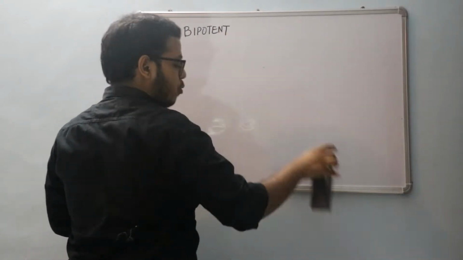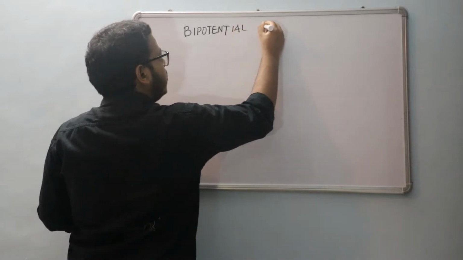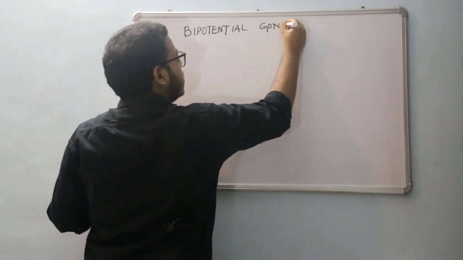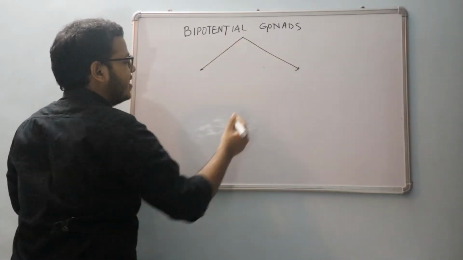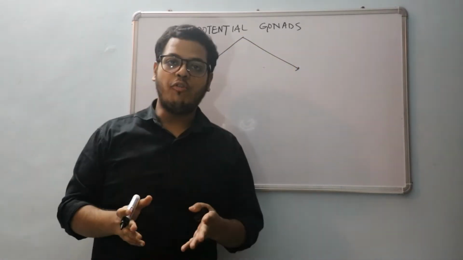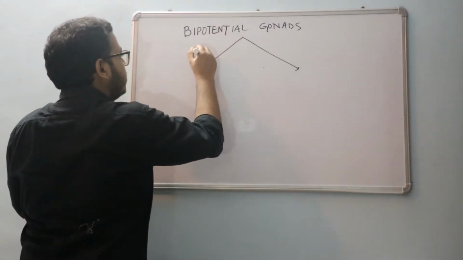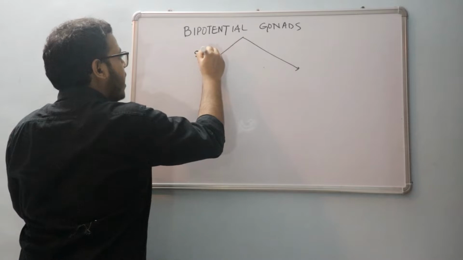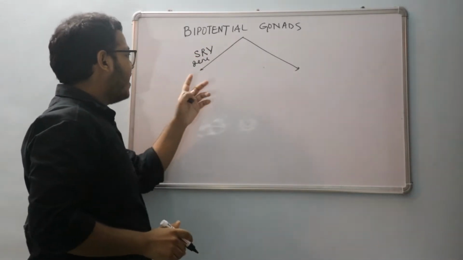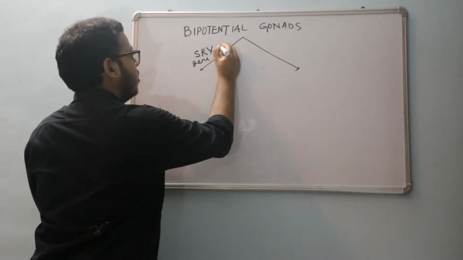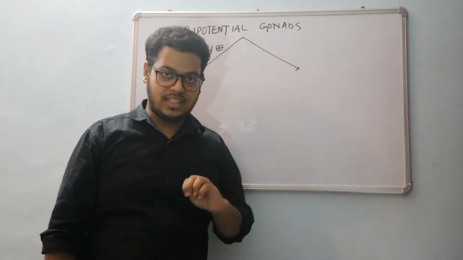We have the bipotential gonads, and they can either form the testes or the ovaries. The testes will form when there is presence of the SRY gene. If the SRY gene is present, we will get testes.